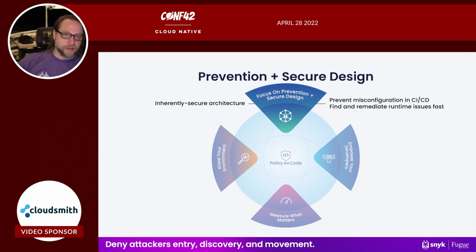These are design issues, architecture issues. And what that means is you need to be using policy as code to check things like infrastructure as code, like Terraform templates or CloudFormation templates, before they're deployed, and give those developers who are writing that code the feedback that lets them act on things and prevent those errors from getting out into the live system. And this has to be integrated into the CI/CD pipeline.